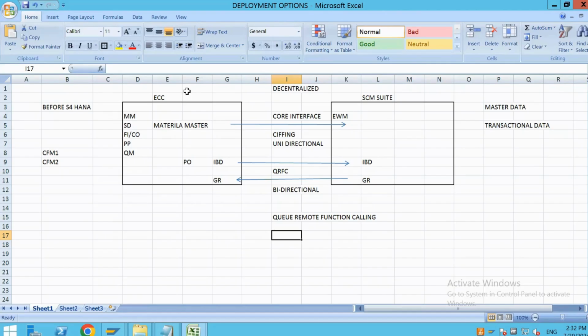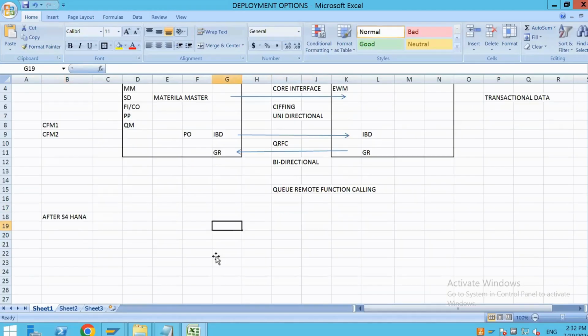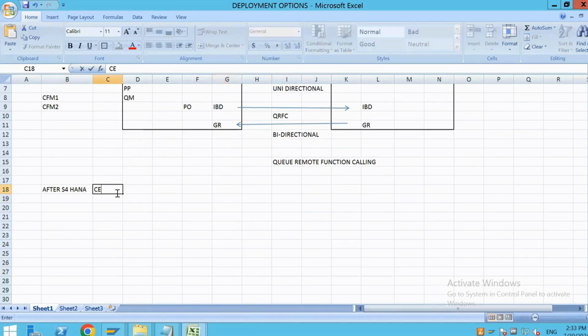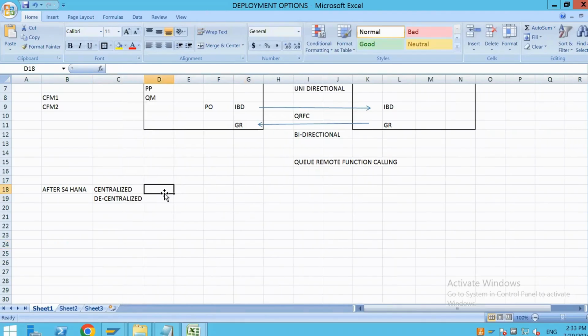So this is before S4HANA. After S4HANA, we have two options: one is centralized, and the second is decentralized. Centralized means embedded, which is in a single server.